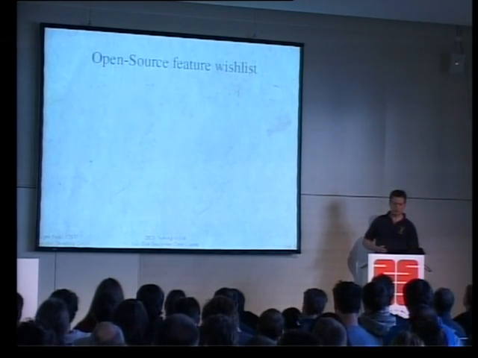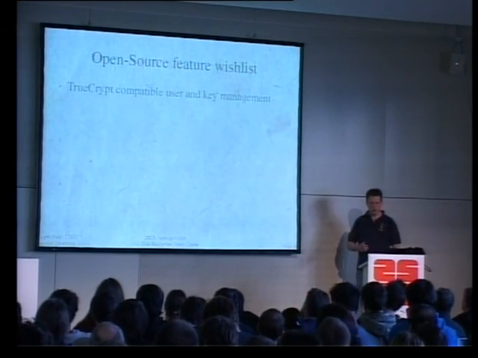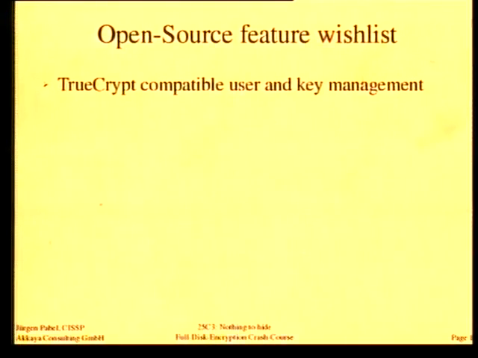My last point is the open source feature wish list. Of course, TrueCrypt compatible user and key management. So I would like to see TrueCrypt, the body, TrueCrypt, the organization, address this lack of feature at some point.